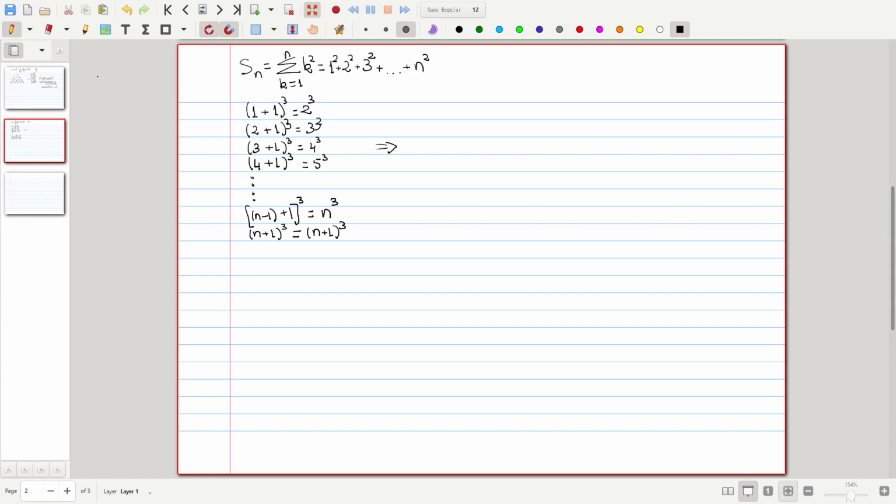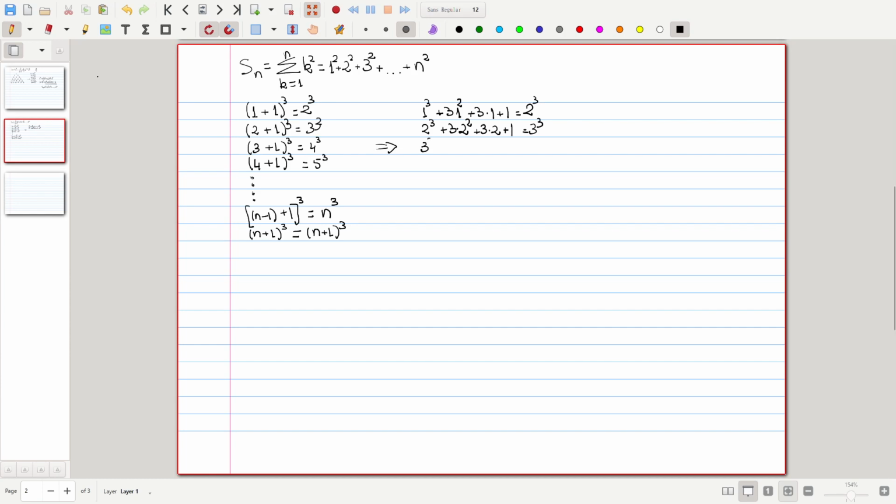Then this is equivalent with 1 to the cube plus 3 times 1 squared plus 3 times 1 plus 1, equal to 2 to the cube. Then I have here 2 to the cube plus 3 times 2 squared plus 3 times 2 plus 1 equal 3 to the cube.